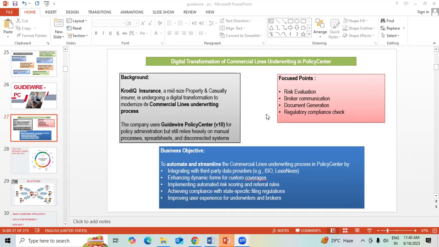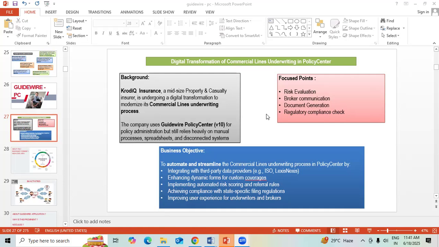I have taken one example, for a background where Crodic is an insurance company, a mid-sized property and casualty insurance company. Now they are undergoing a digital transformation under the commercial lines underwriting process. Underwriting is an activity which assesses the amount of risk involved if you want to insure any kind of insurance policies to any individual, companies or businesses.